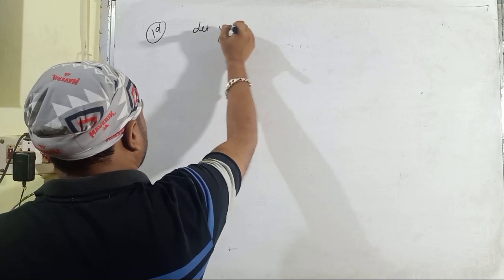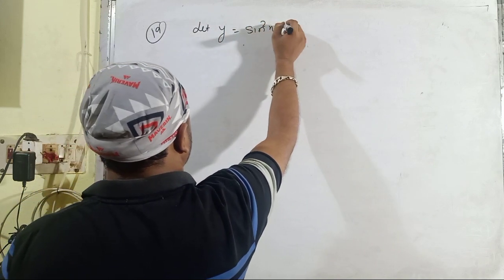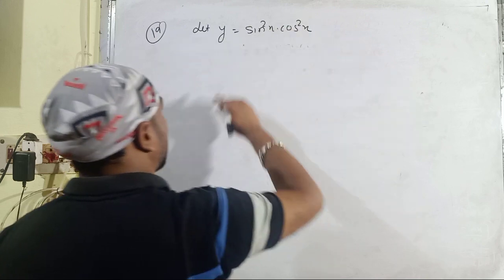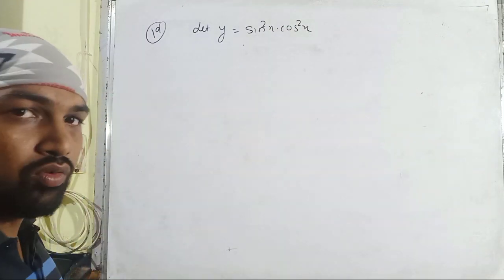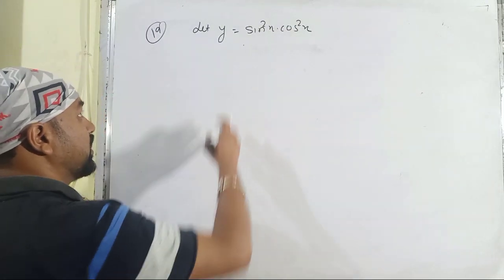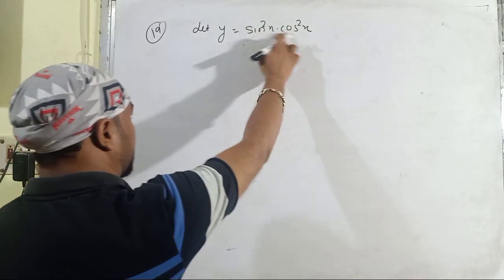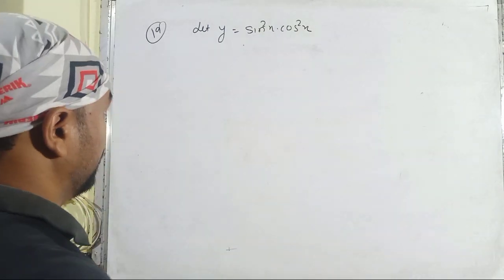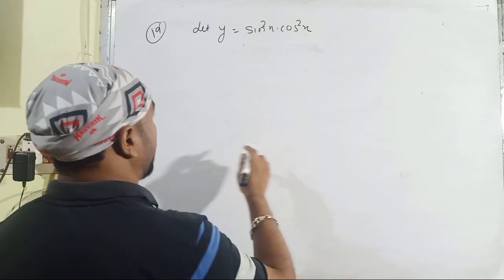Let y is equal to sin square x multiplied with cos square x. Again, we have to multiply certain things, as both sin x and cos x are in forms of whole square.